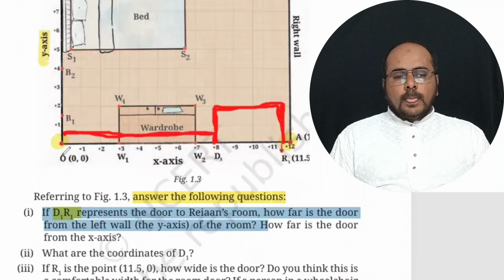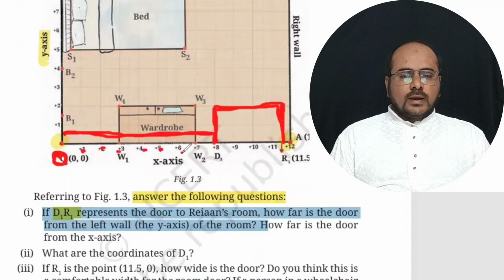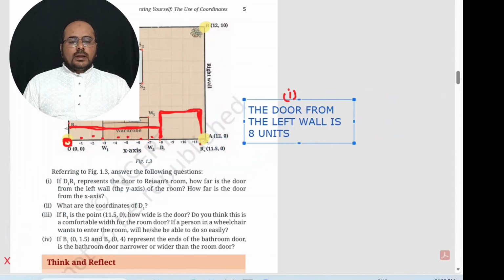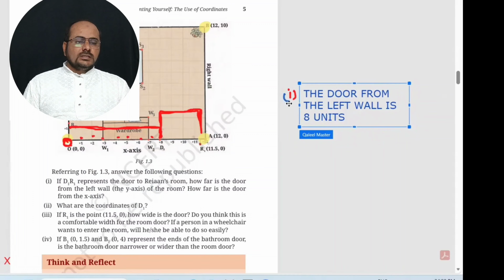As you know very well, here the origin 0 is given. It means 0, 1, 2, 3, 4, 5, 6, 7, 8. Here we have to see where the door is situated. The door is placed after 8 units of distance from the left wall. Hence, here you can write the answer of the first one: the door from the left wall is 8 units distance. Once you observe, my dear, here one question we can raise.